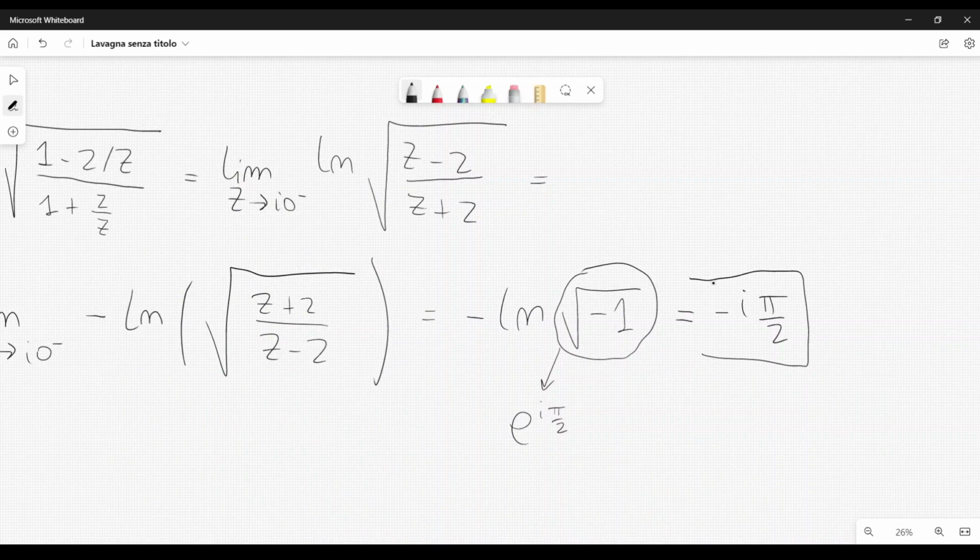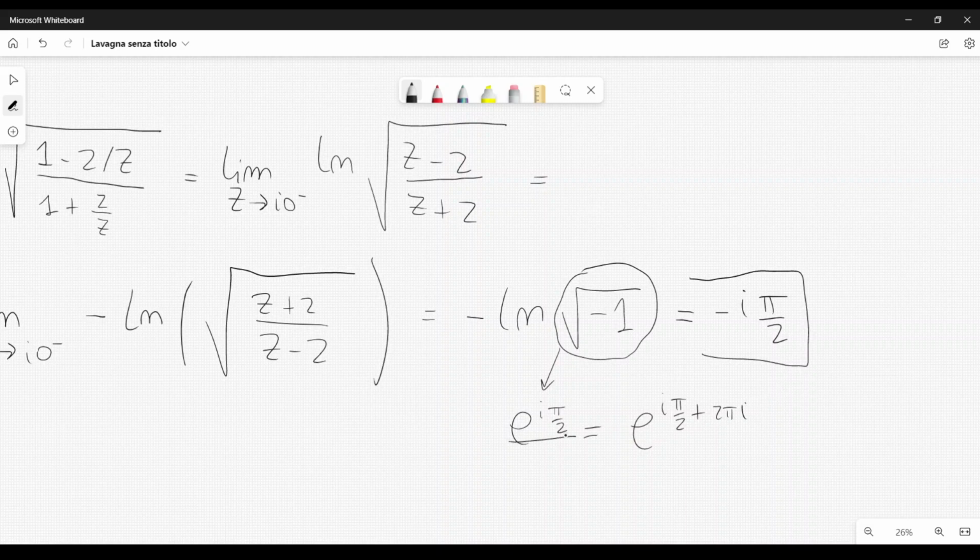Of course, in this case, we had to resort to very informal steps, and it is not really clear how to do the derivation if you don't know complex analysis. There is some ambiguity also when you define the square root of minus 1 in terms of the complex exponential, because you can also rewrite square root of minus 1 as e to the I pi over 2, and then you can also add a multiple of 2 pi I. For example, you can add 2 pi I here.